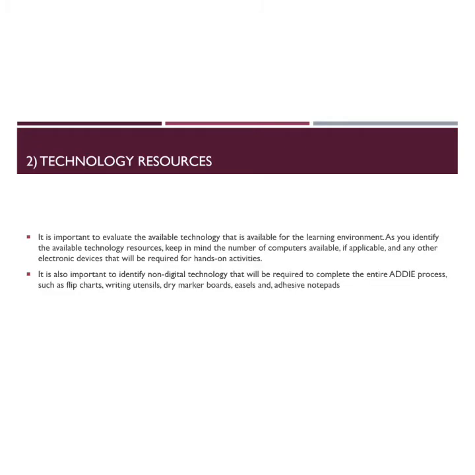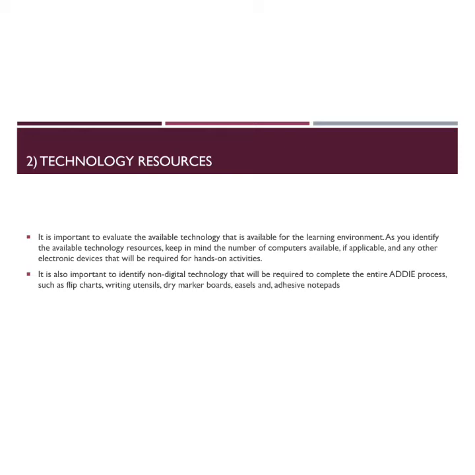The second one, technology resources. It is important to evaluate the technology that is available for the learning environment. As you identify the available technology resources, keep in mind the number of computers available, if applicable, and any other electronic devices that will be required for hands-on activities.